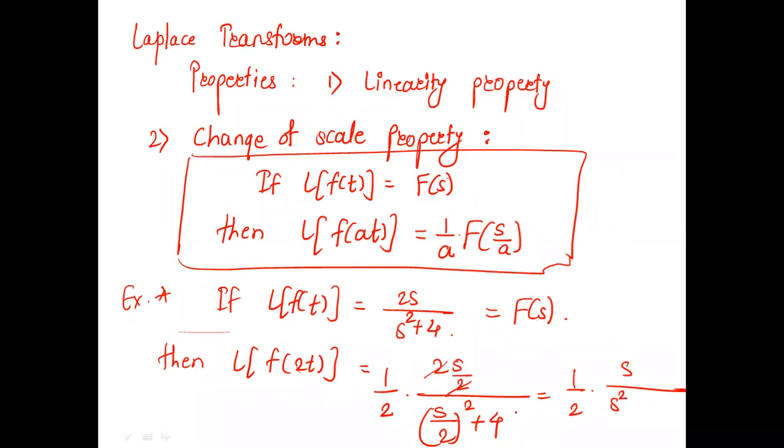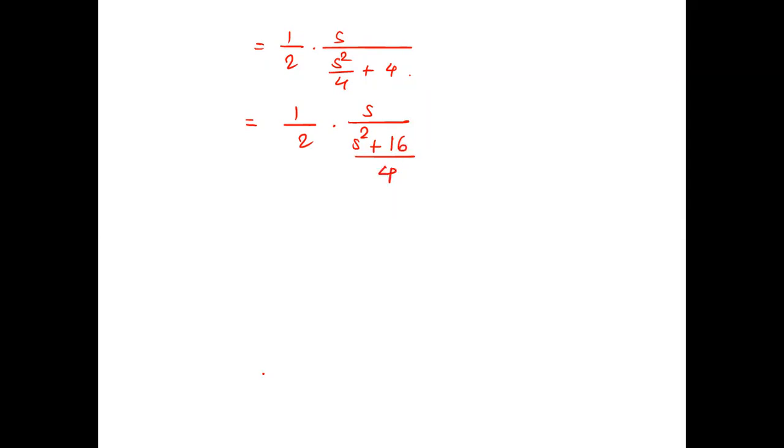This is s square upon 2 square, that is 4, plus 4. So if you want to simplify further, you just cross multiply, make the denominator 4. So it is 1 by 2 into s upon, this is s square by 4 plus 4. I have taken the step ahead. So it is 1 by 2 s, plus, just cross multiply, s square plus 4 into 4, 16, whole upon 4.